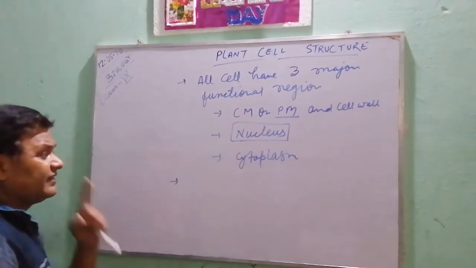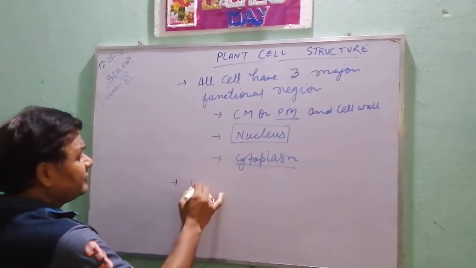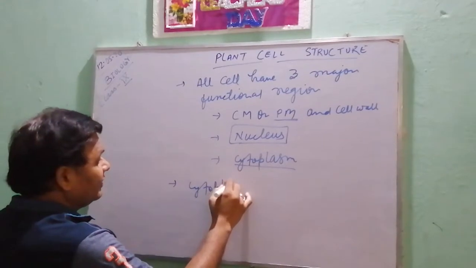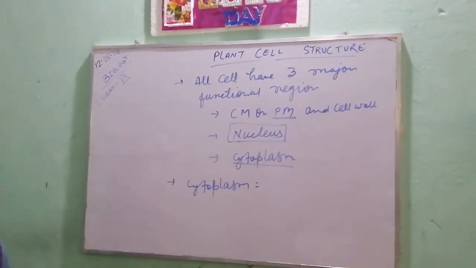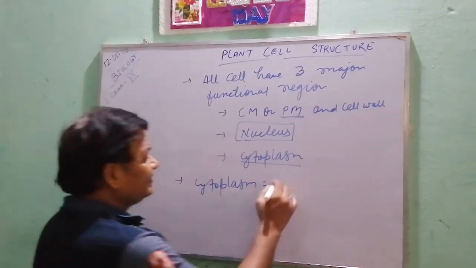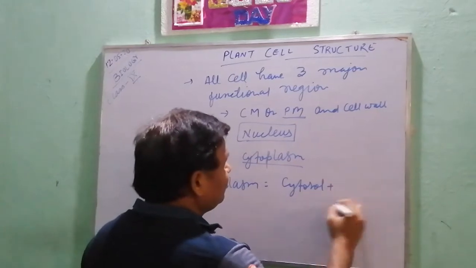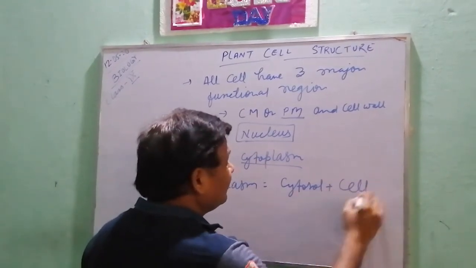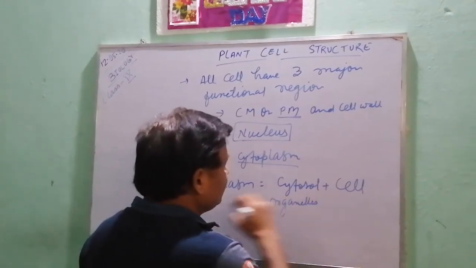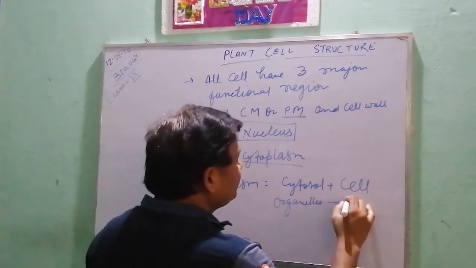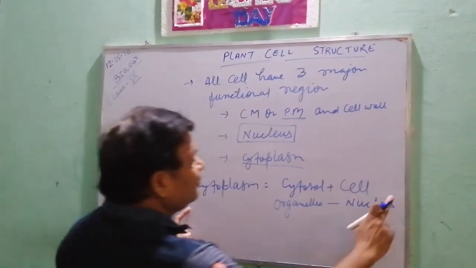Next is the cytoplasm. Cytoplasm is cytosol plus cell organelles minus the nucleus.